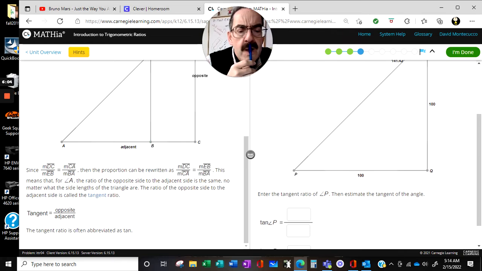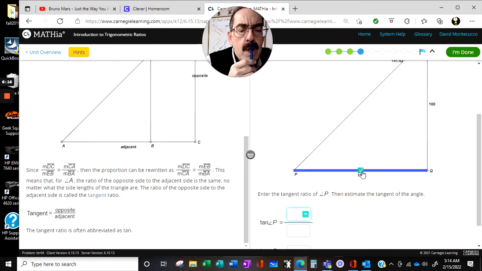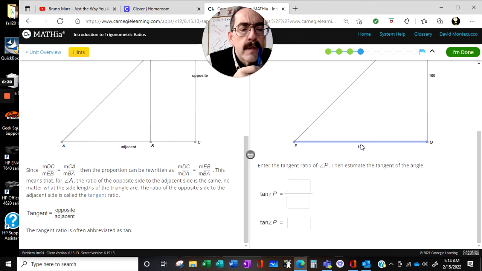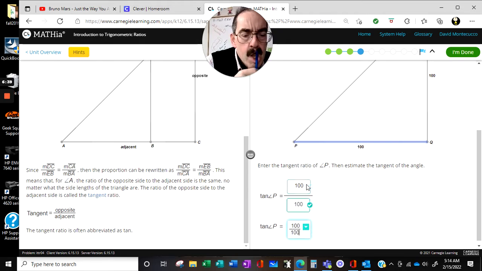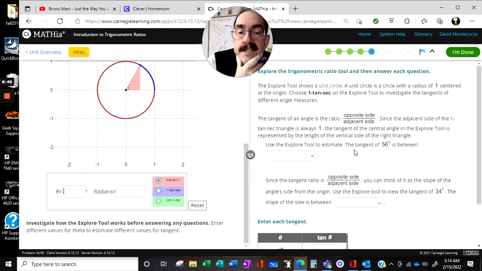The tangent of P, which represents opposite over adjacent. So it's 1. Read the words: the adjacent, next to.